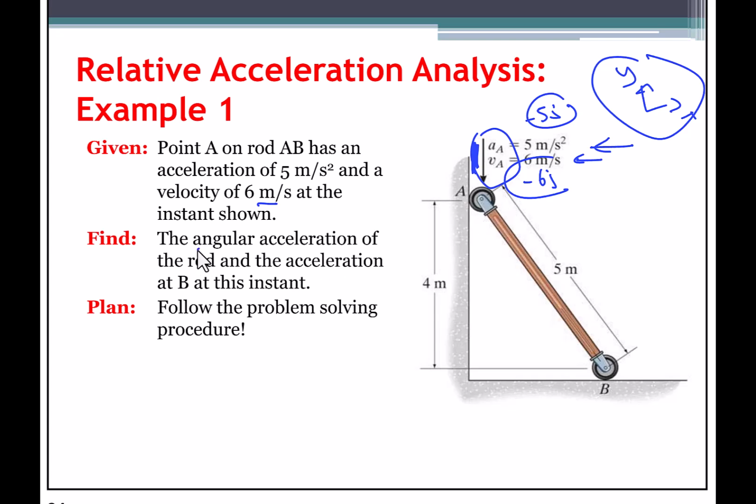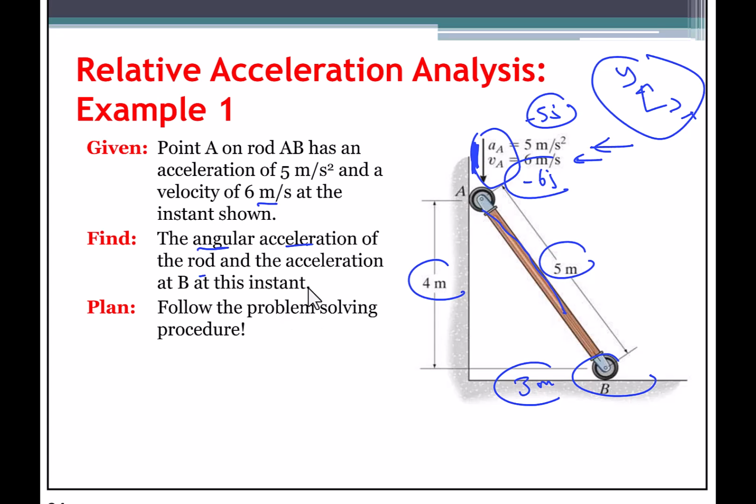We want to find the angular acceleration of the rod, this AB, and the acceleration at point B at this instant. Which instant? When this is 4 or this is 5. Of course this is 3, 4, 5, so this is 3 meters. Just by not going through trigonometry, this is a 3, 4, 5 right angle triangle.